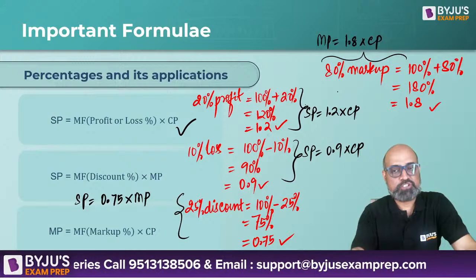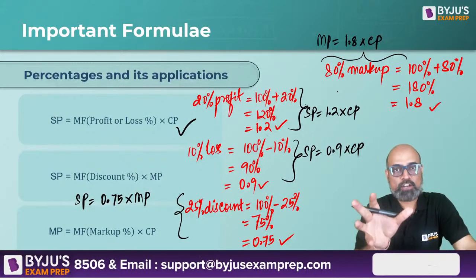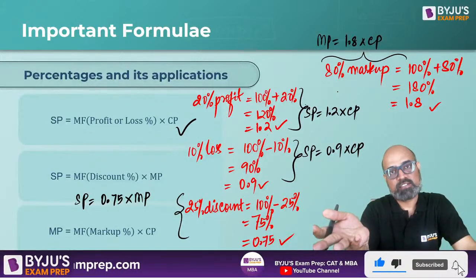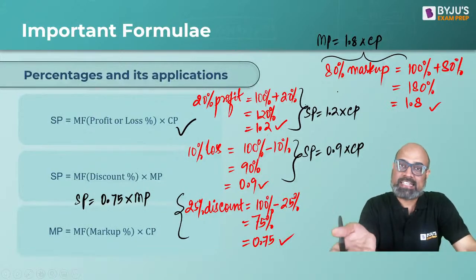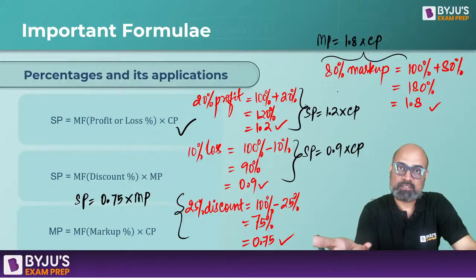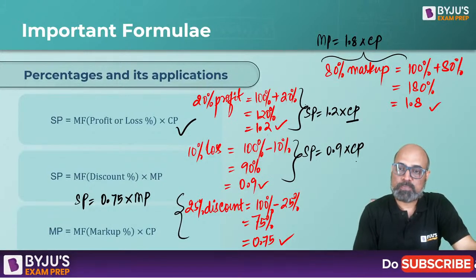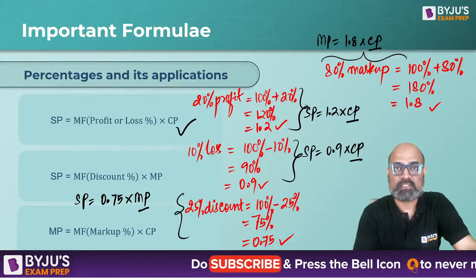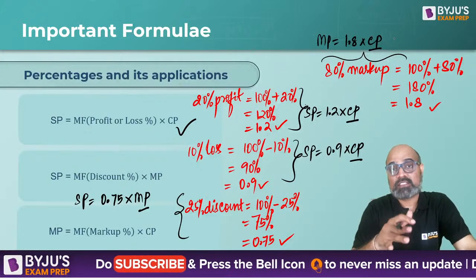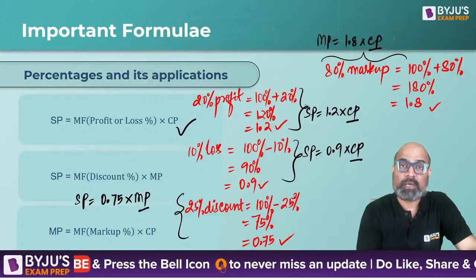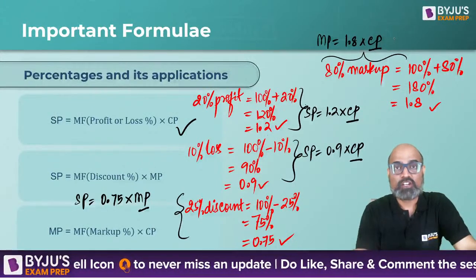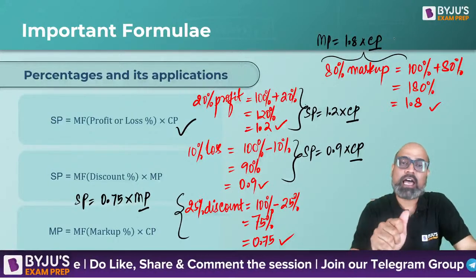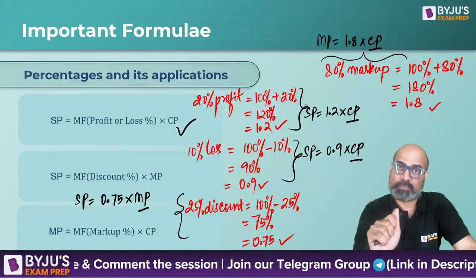Now, if you pay attention here, one of the two variables is on the left hand side, the other is on the right hand side. The ones that are on the right hand side, those are called bases. So we have a base of cost price, mark price, and cost price over here. So these are the bases. Multiplying factors are always multiplied on the basis. Okay. So selling price, if you remember the previous slide, we never had selling price as the denominator or the base.